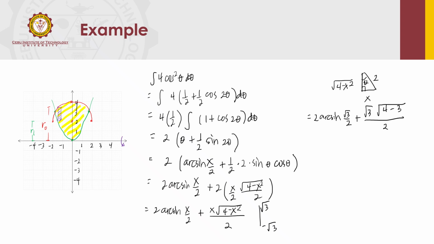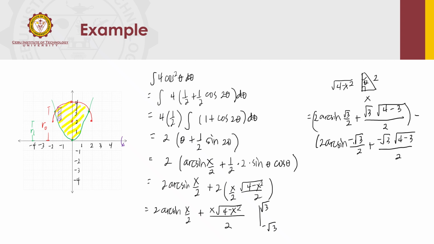That's for the first part. And then minus 2 arcsine of negative square root of 3 over 2 plus negative square root of 3 times square root of 4 minus 3, all over 2.